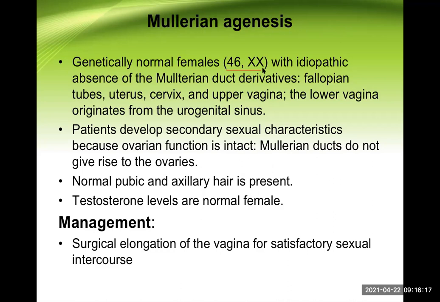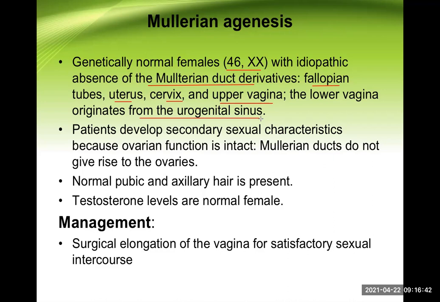They are normal female. 46XX means they are normal female. With idiopathic absence of the Mullerian duct derivatives, there is no fallopian tube, no uterus, no cervix, and no upper vagina. These are all formed by the Mullerian duct. The lower vagina is there because it originates from the urogenital sinus.